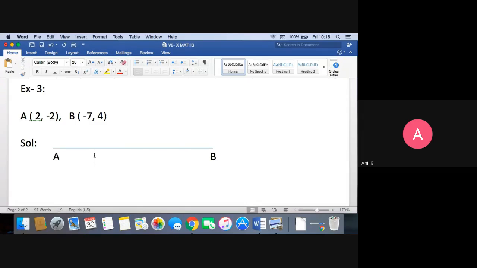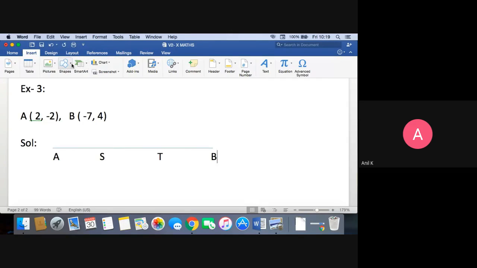Now if I divide this line segment into 3 equal parts, maybe I'll take here one point, say S, and another point here, P. So this will be point B. So here are the points where it is trisected into 3 equal parts.